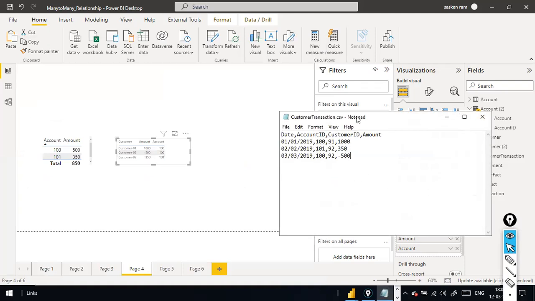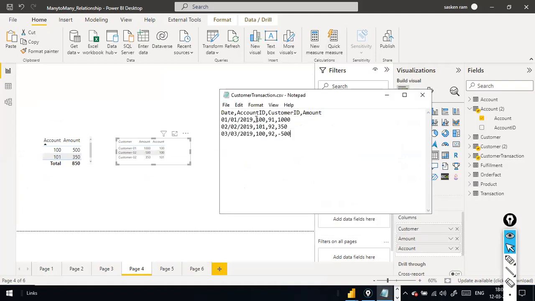If you see here, this is the original data. Account ID 100, 100, 100, 100, balance was 1,000 and 1,500. And this is, let's say, you and your mom, both put together.